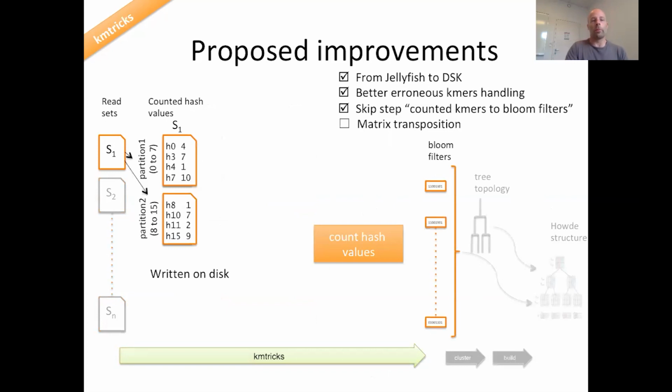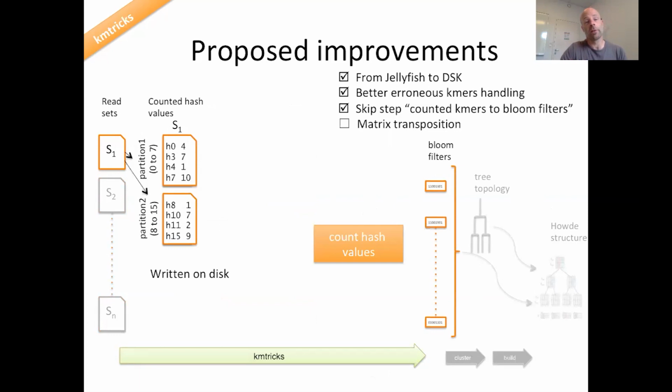So this is parallelized. For each read set, so here on this slide, I focus on the first read set, we divide, thanks to minimizers, the read set into several partitions. Here I represented 2 partitions, but we have hundreds of partitions.